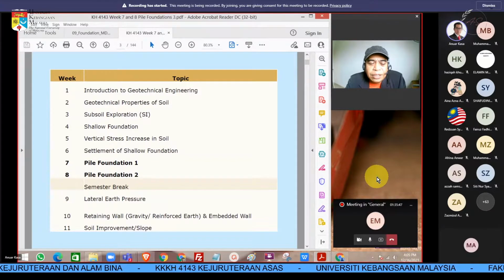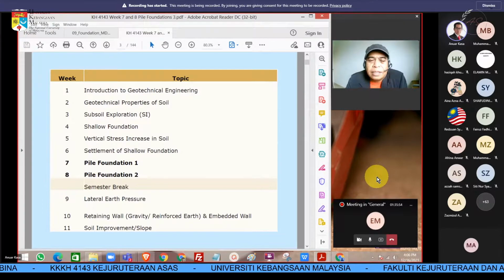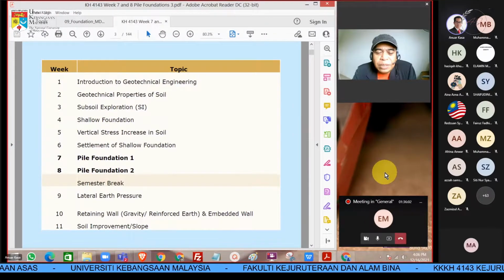And since you cannot go to our computer lab, it's better for you to download it from the internet, or maybe you can get it from Shopee selling it for I think 7 ringgit.